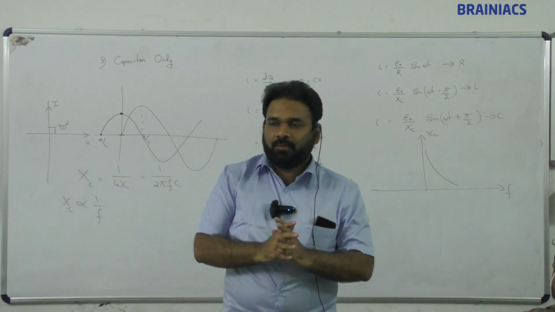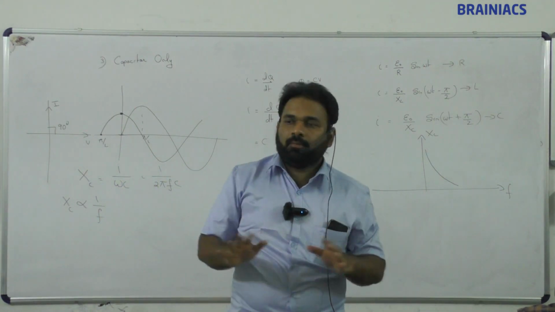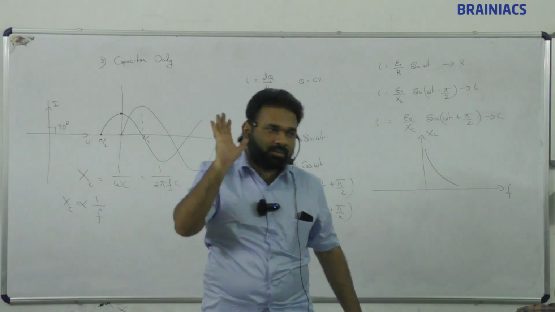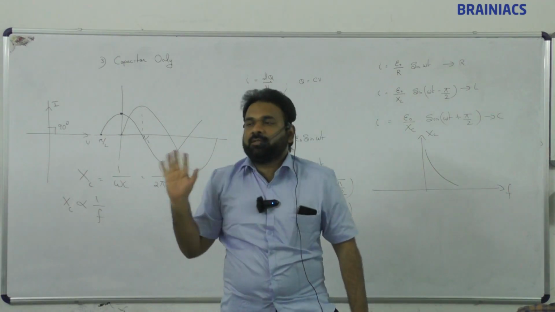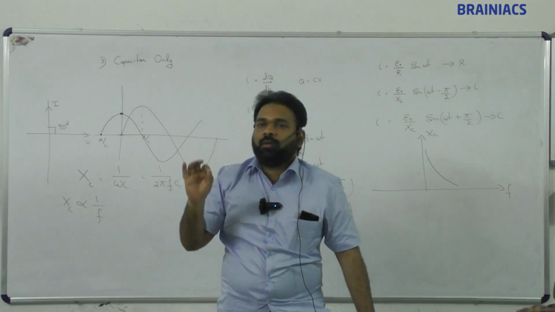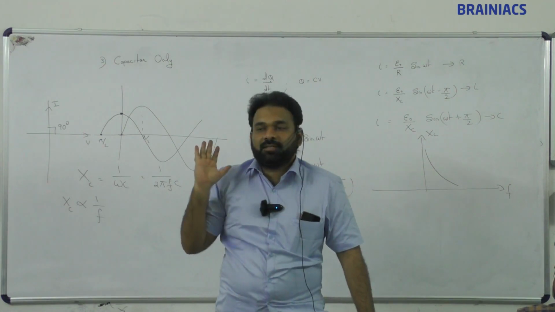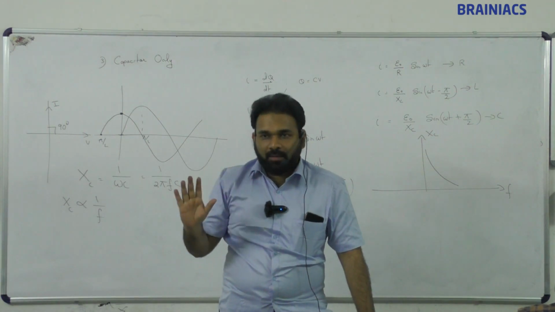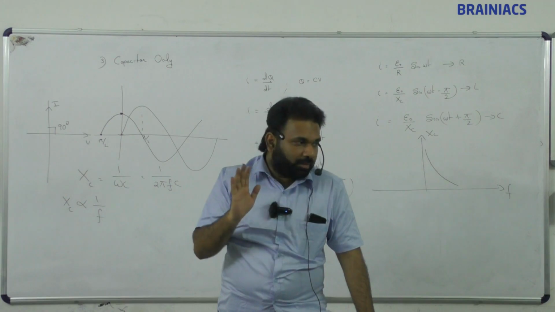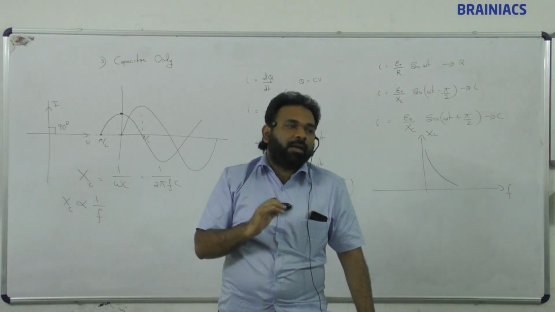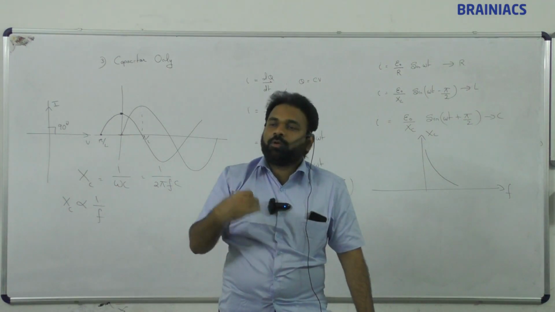So hereafter, the basics are ready. Now you need to remember certain things. Whenever we get these situations, apply that. First thing is IPL and CCL. IPL, Indian Premier League. Hereafter, IPL means inductor potential leads.